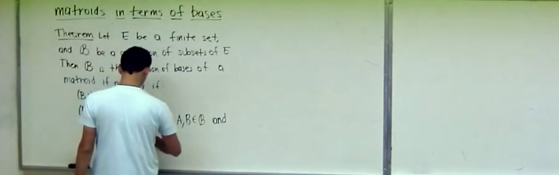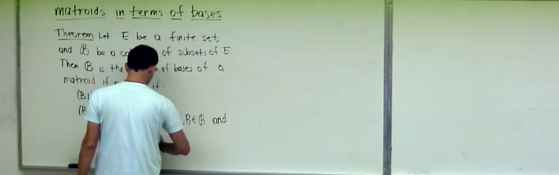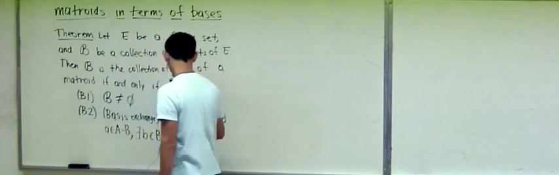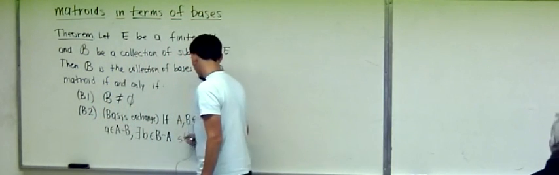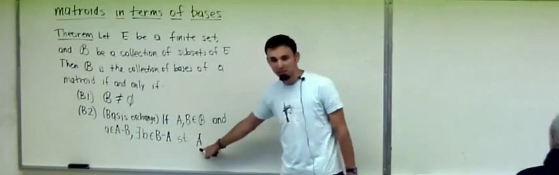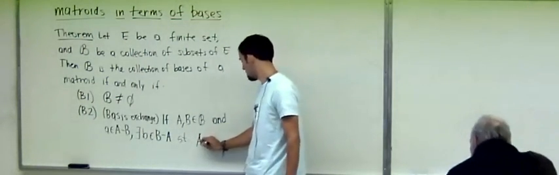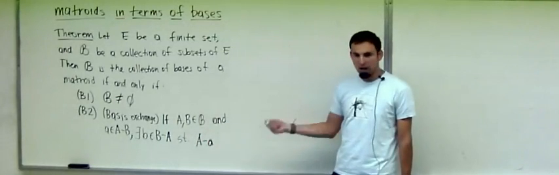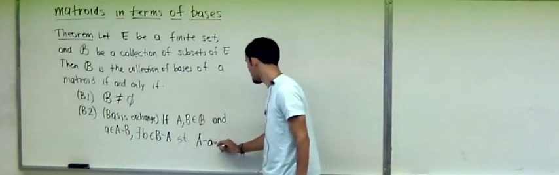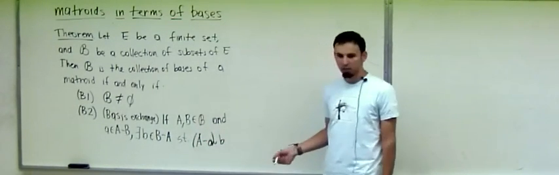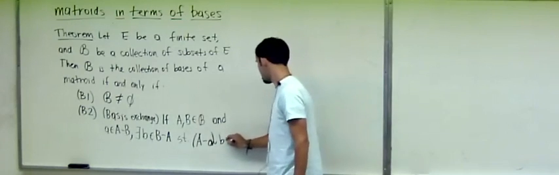So there exists an element b which is in B and not in A, such that if you start with your basis A, you remove the element a and you add this element b, what you get is a basis.